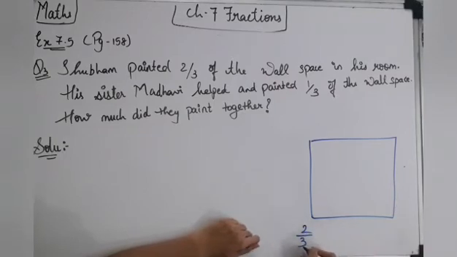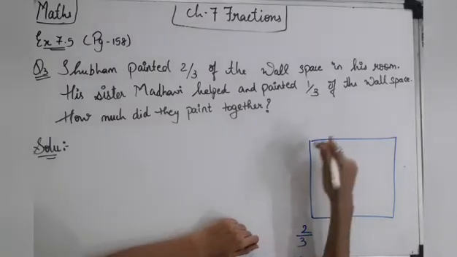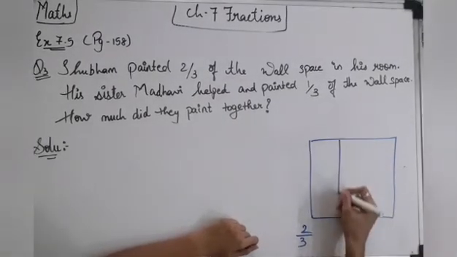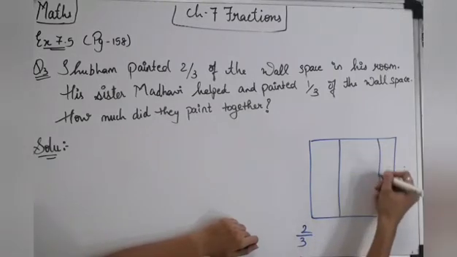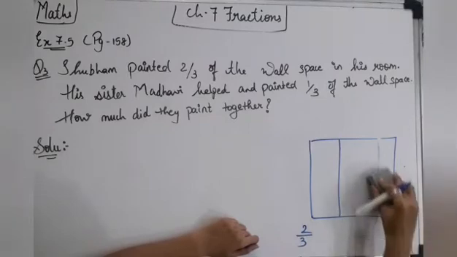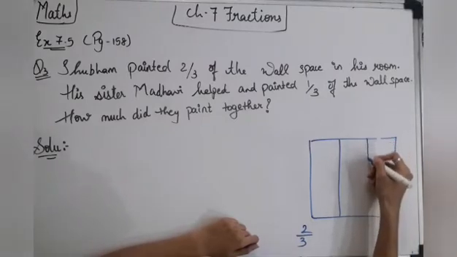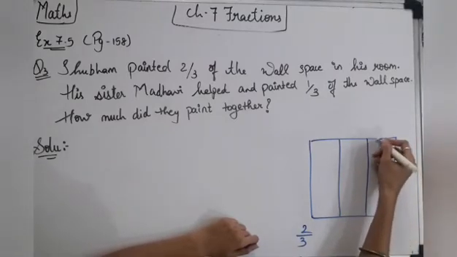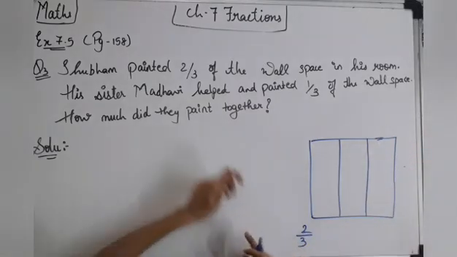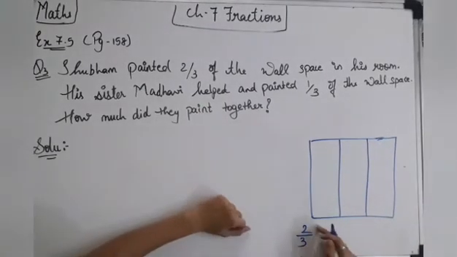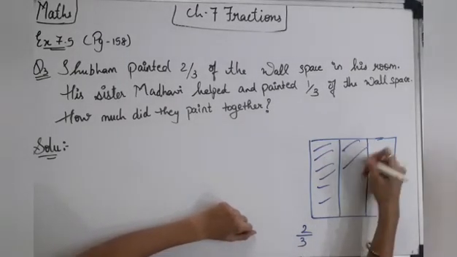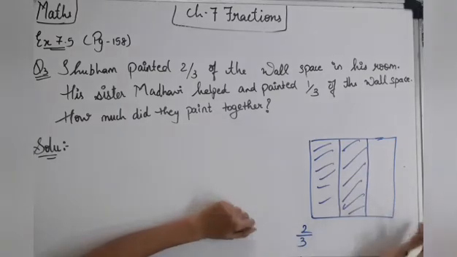As you know, the denominator means this wall would be divided into 3 equal parts, right? So we divide it into 3 equal parts, and he has painted 2 upon 3, meaning 2 parts he has painted.